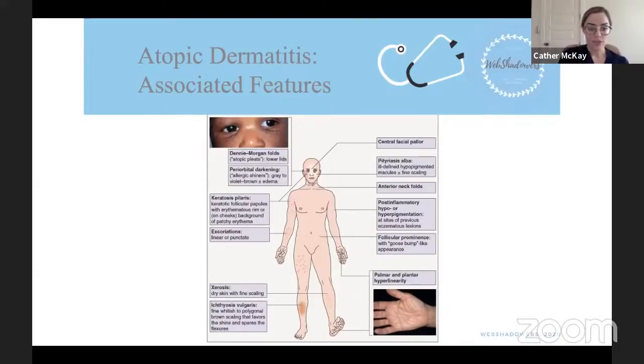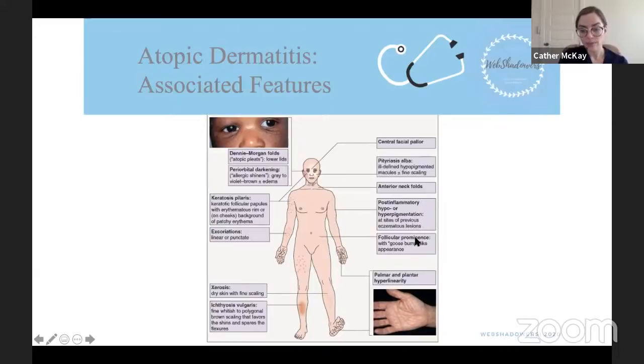But so the keratotic follicular papules, often on the backs of the arms, but it can go down the arms. It can be on the face, sometimes on the legs. Excoriations, of course, they're itchy. So the itch with atopic dermatitis can be really intense. So oftentimes they're scratching. Changes in pigmentation at sites of previous eczema.